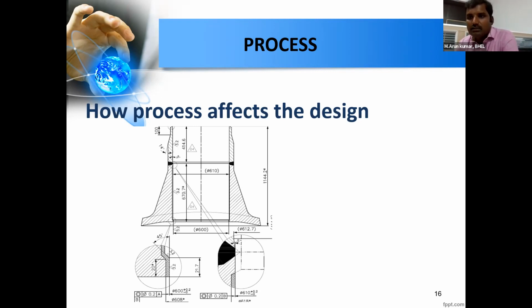We have done many RCA, root cause analysis, to find out where the mistake is. Then we could find that in shop, practically they could not make minimum 4 mm thickness all over, or for the total circumference. So what happens?